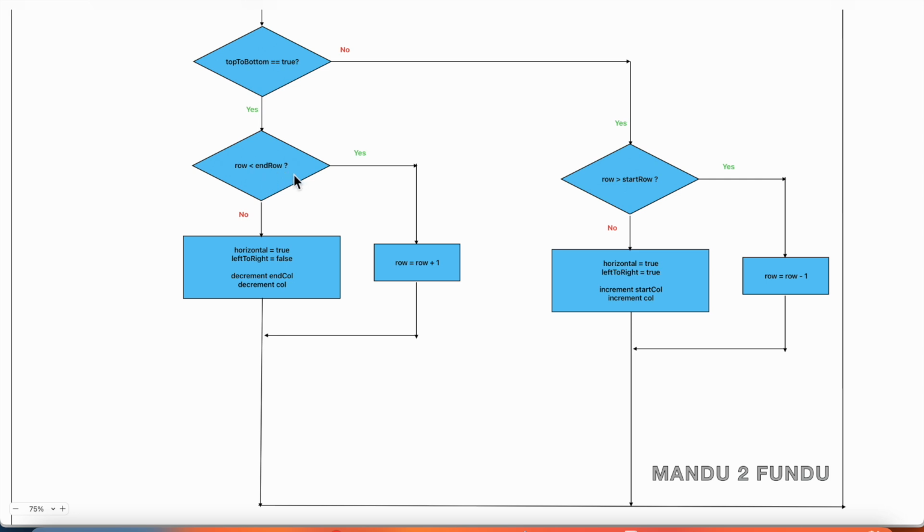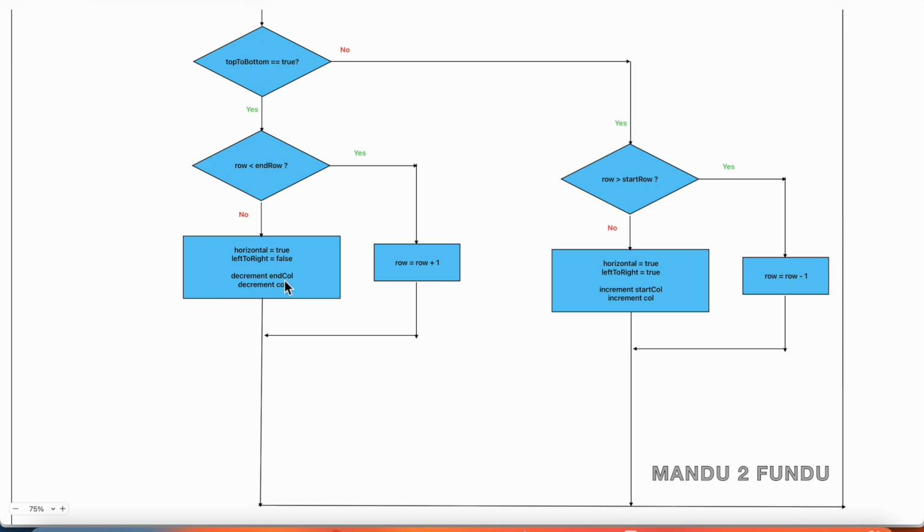That means there are still some elements in that particular column, so we simply increment the row index and proceed to read the next element. Otherwise, we have reached the end of the column, so we have to change the direction to horizontal. That's why the horizontal flag is set to true, and the direction is from right to left, so left to right is set to false.